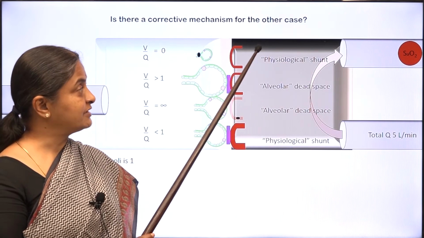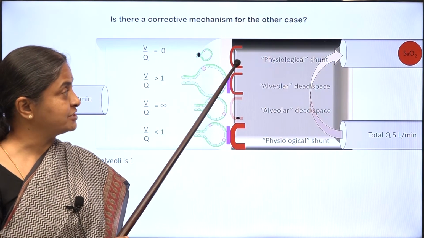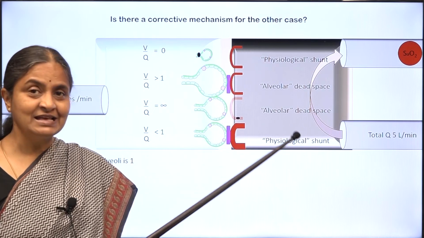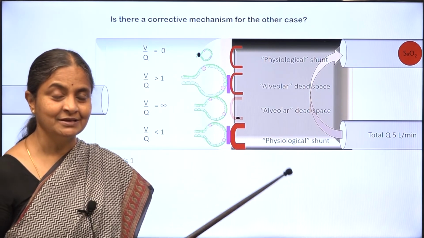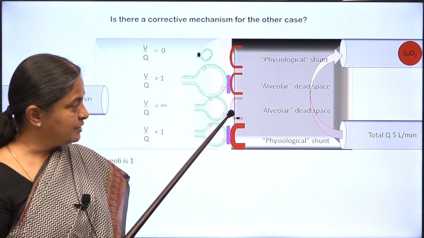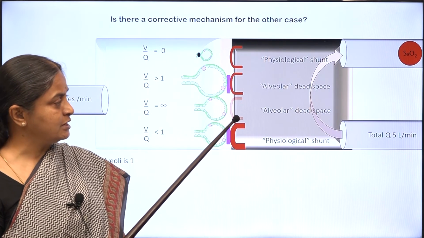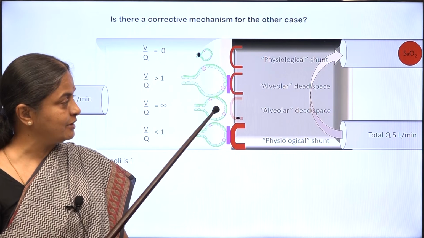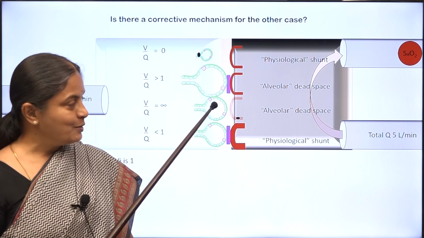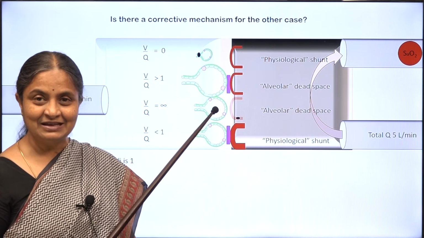While hypoxic vasoconstriction attempts to minimize the VQ mismatch in these states, is there a similar mechanism to minimize VQ mismatch in this condition where, let us say, there is a microembolus preventing perfusion to a particular alveolus? Will ventilation to that alveolus reduce?